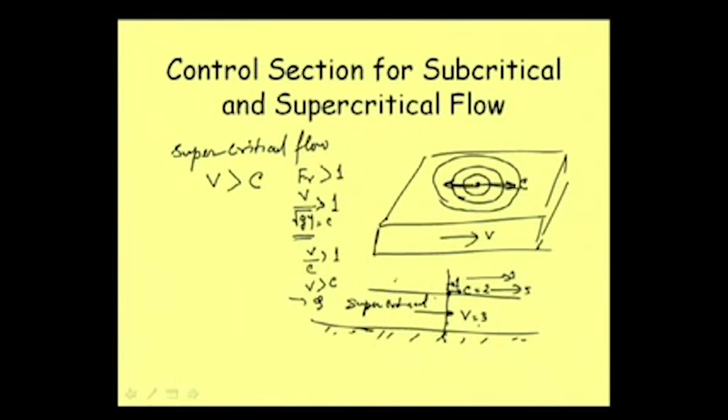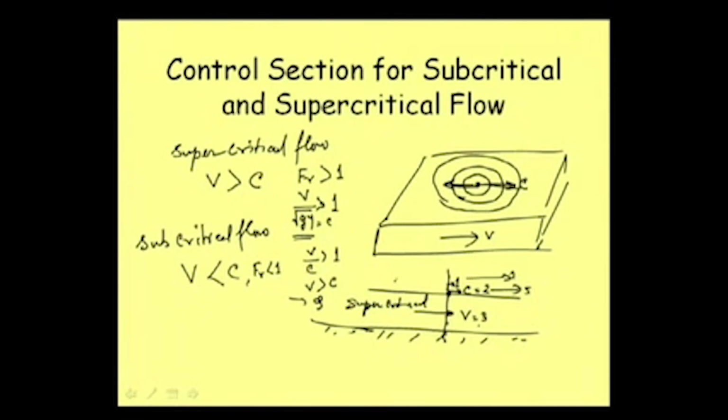But in case of subcritical flow, V is less than C, because the Froude number is less than 1 in case of subcritical flow.